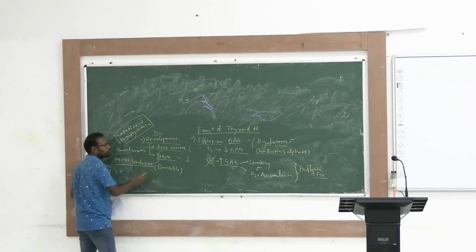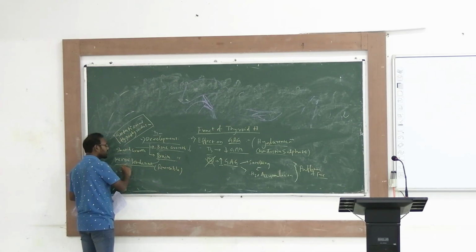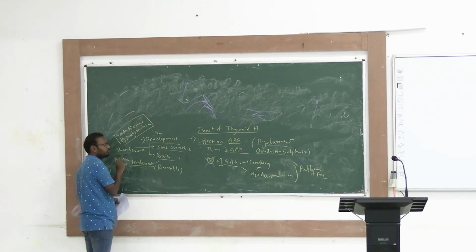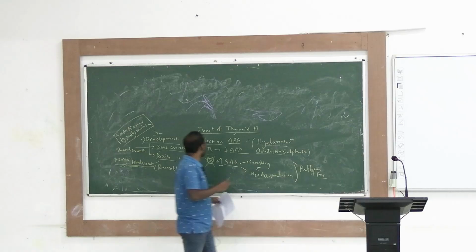Why? Because the brain again starts growing and slowly but surely the retardation will be reverted. So that is one reversible condition, very important. Mental retardation is seen in gestational hypothyroidism because T3 function is gestational bone growth and gestational brain growth. So that is number 5.